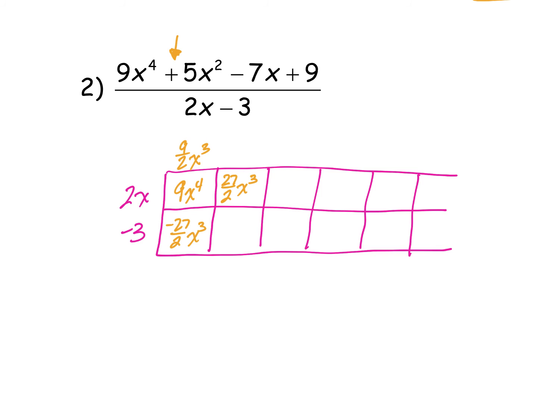Okay, are you guys ready? Next question. What do I multiply 2x by to get 27 halves x cubed? 27 fourths x squared.